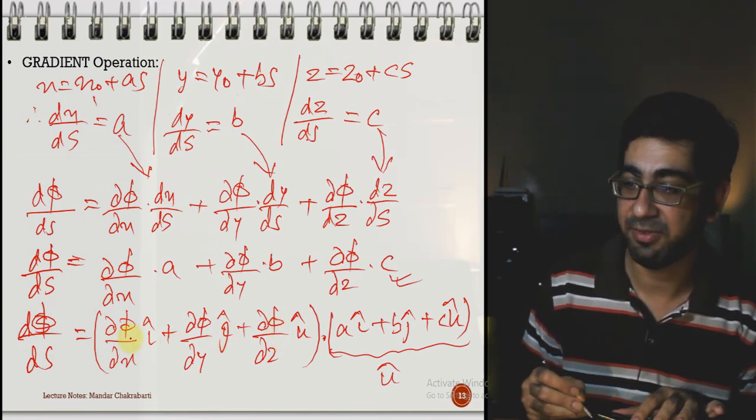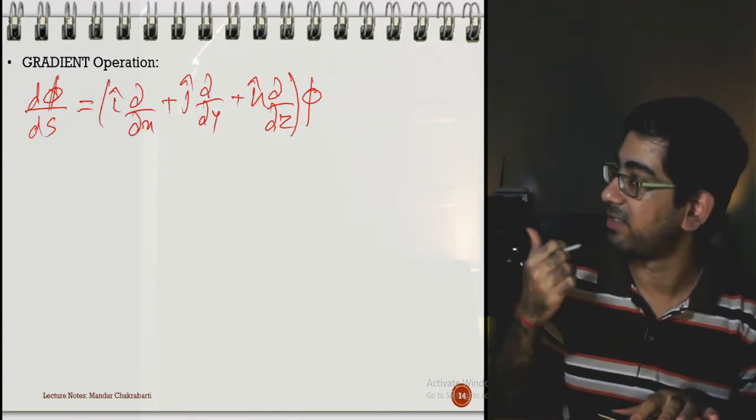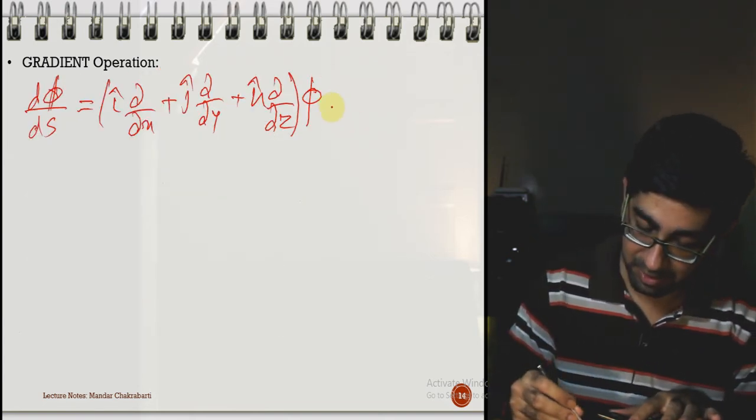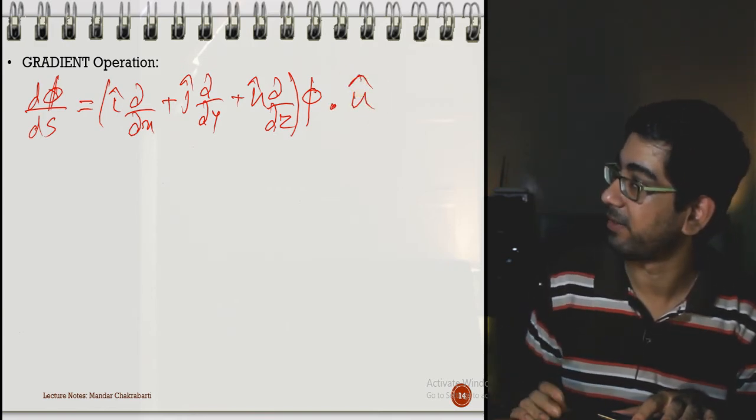Okay, I am taking phi common from all these three equations and taking them out, and this is what I land up with, dotted with my u vector.